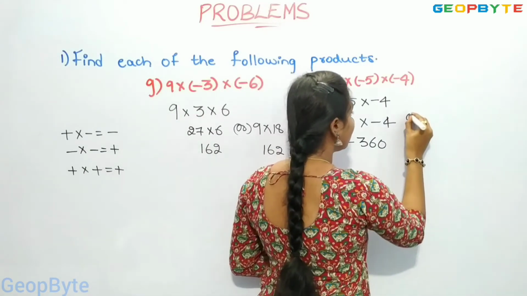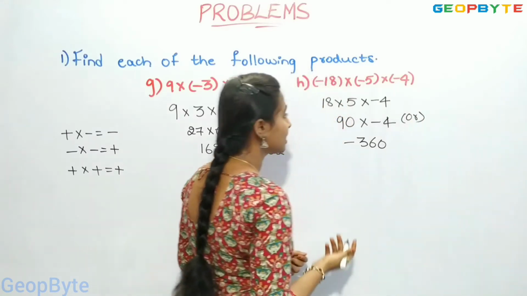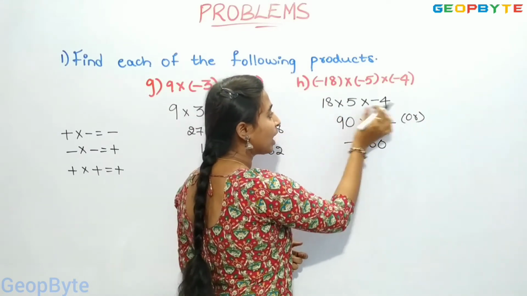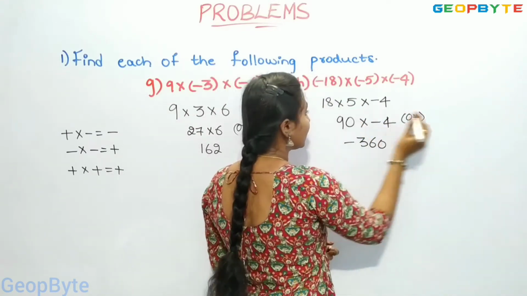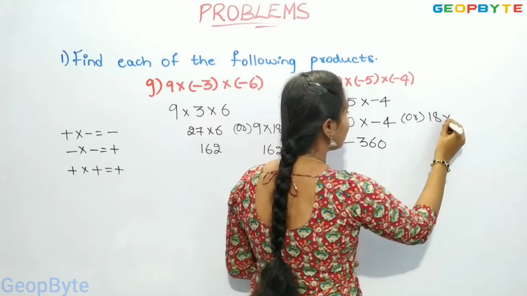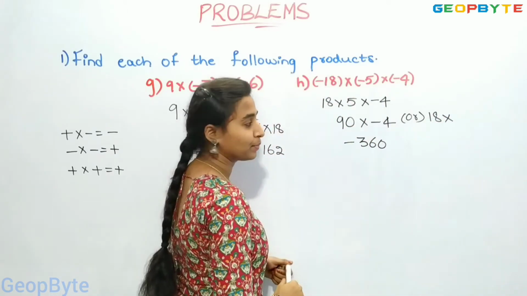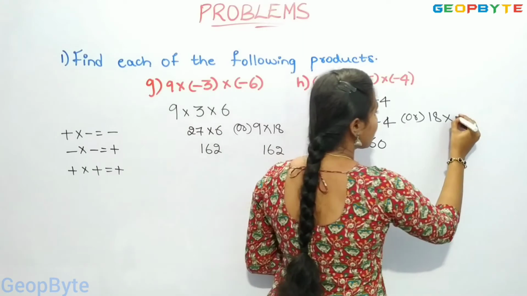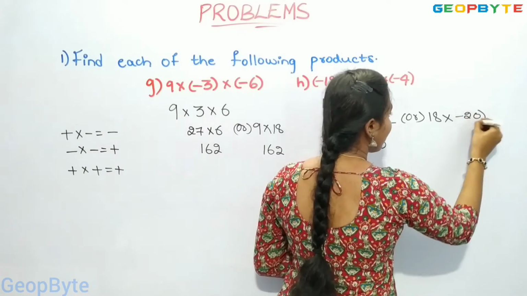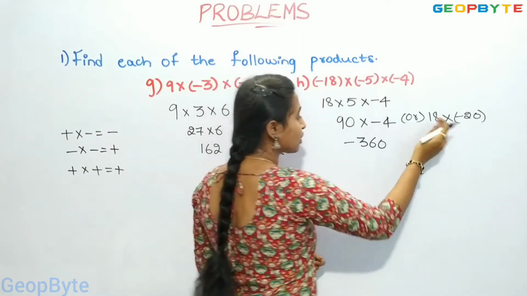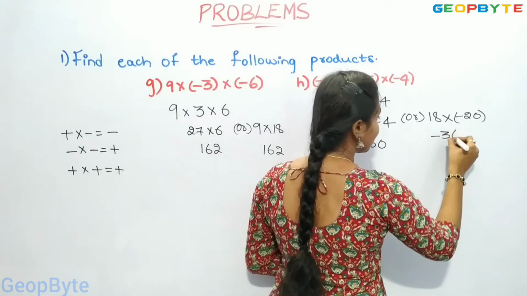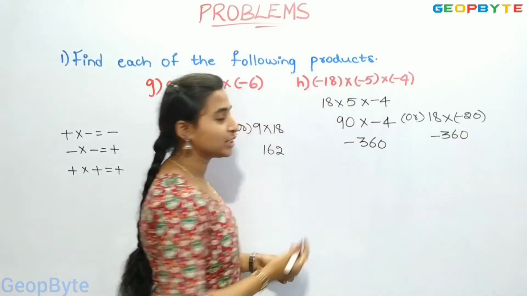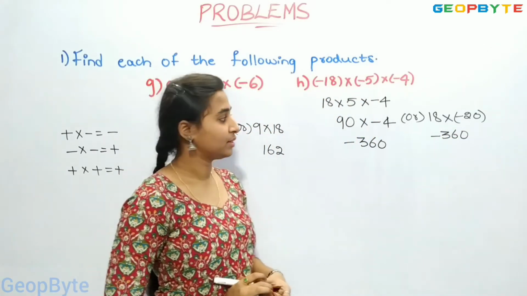We can solve this in another way. That is, we can multiply 5 into 4 first. That is, 18 into 5 fours are 20. We have minus, so 18 into minus 20. This also comes minus 360. Right? There is no order for multiplication.